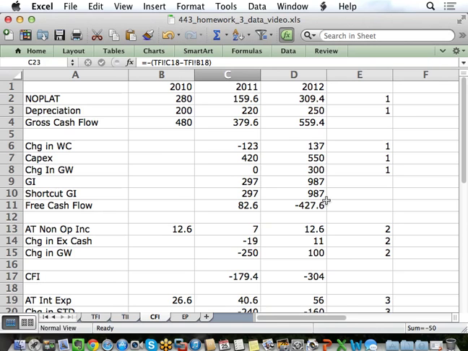So again, why does the business have positive free cash flow in 2011? What's different about 2011 versus 2012? Just looking at the free cash flow.